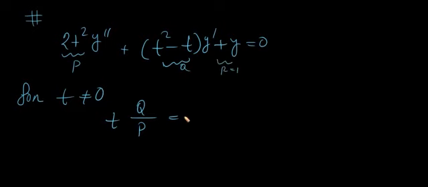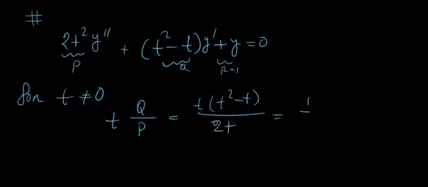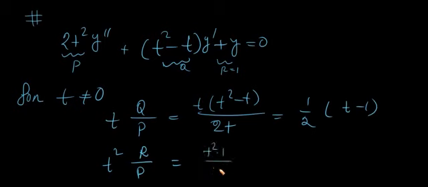So this will be just t into (t square minus t) divided by 2t, which is just 1/2 of (t minus 1), right? And t square by rp is nothing but t square times 1 by p, which is just 2t, and this is just t.